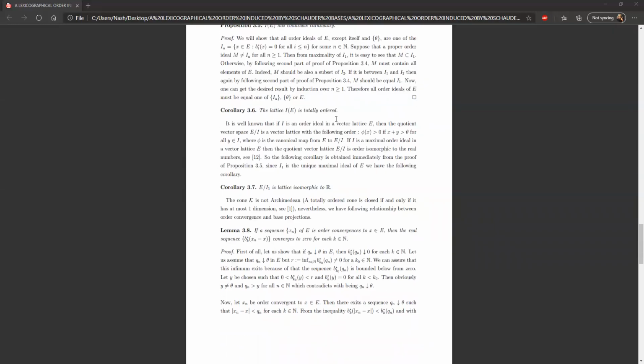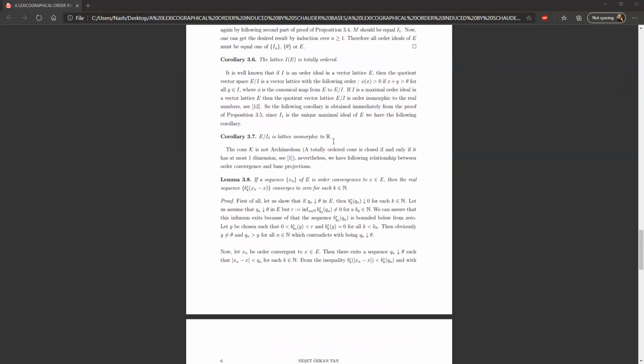This is another good order property. And as we expected, the quotient space is lattice isomorphic to R, which can be seen as this order being a generalization of the totally ordered ring R.